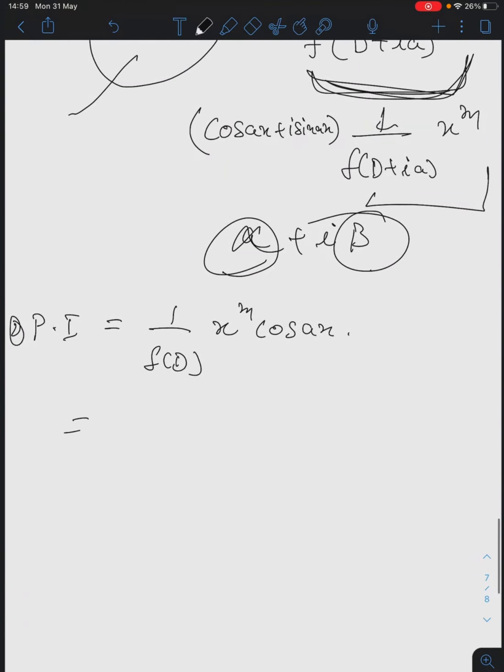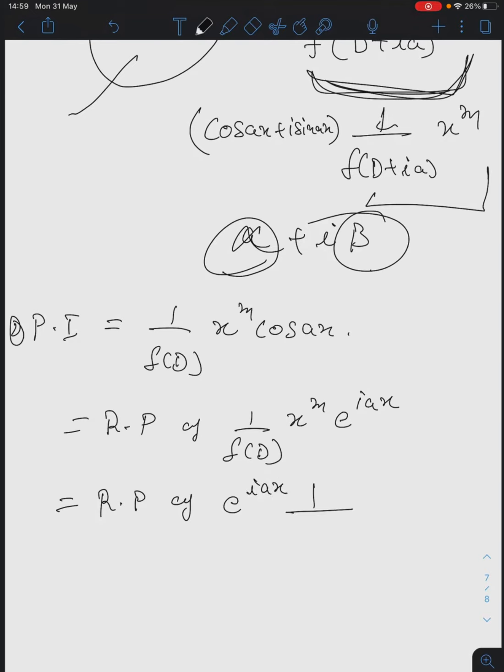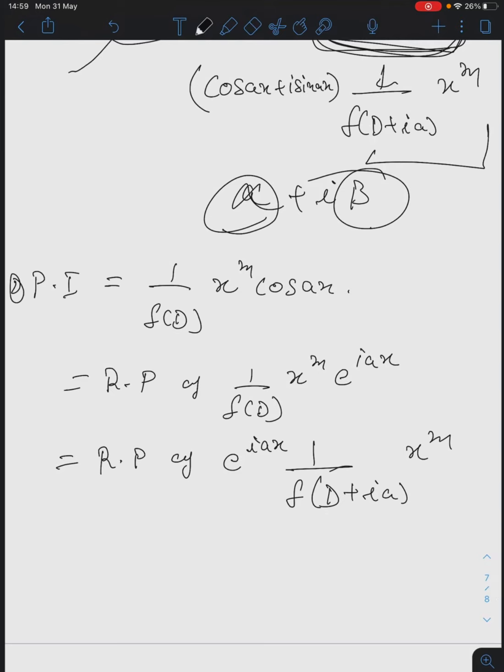So this is nothing but the real part of 1 by f of D on x to the power n e to the power iax. Because of this e to the power iax in multiplication, you will write e to the power iax to the left of the operator. In the operator, D has to be replaced with D plus ia. Apply it on x to the power m. Some result you will get. Multiply it with cos ax plus i sin ax because of this, and consider alpha as the particular integral. Got it, all of you? Understood?